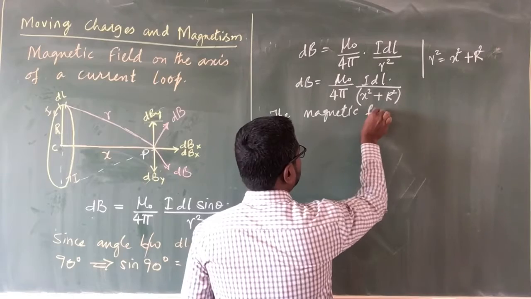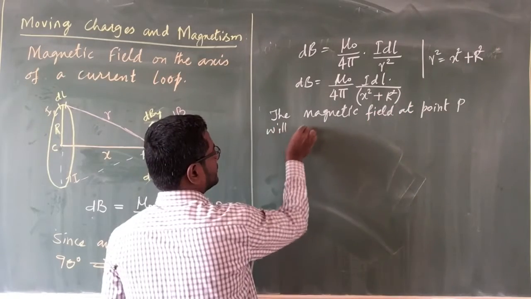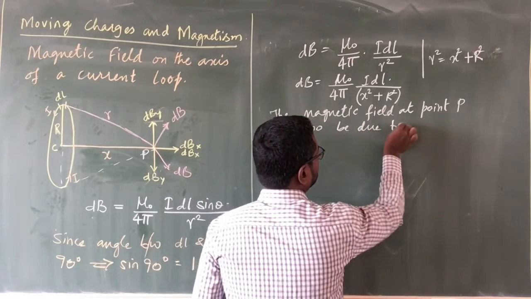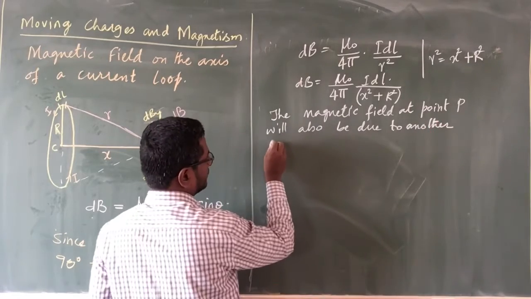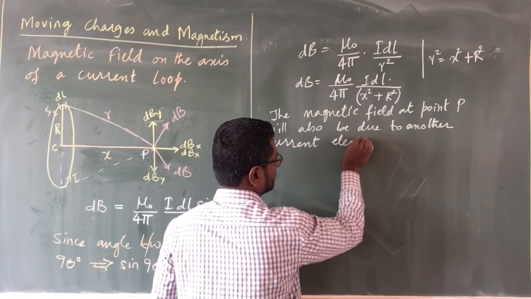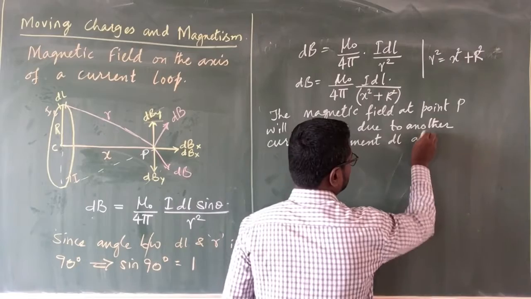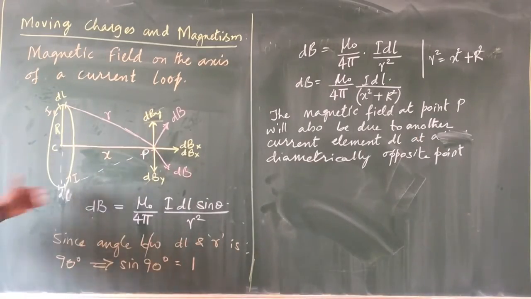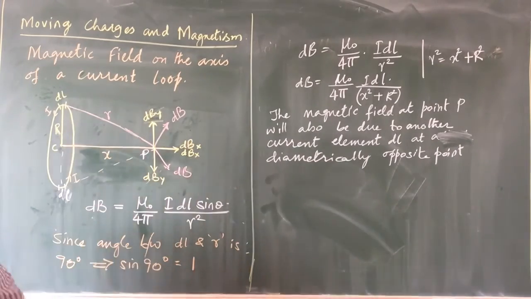The magnetic field at point P will also be due to another current element dl at the diametrically opposite point, and that is going to produce this magnetic field dB. Now what happens?